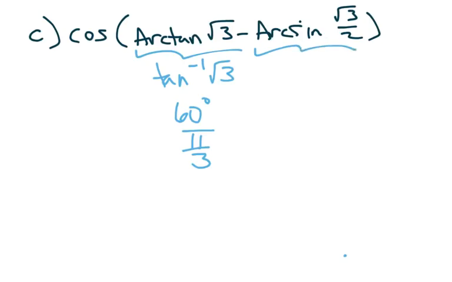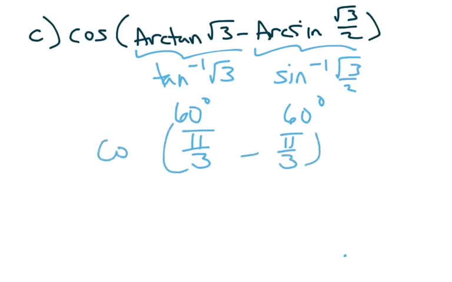And then the arc sine of square root of 3/2, which is this inverse sine of square root of 3/2, the calculator is also going to spit out 60 degrees, which is pi/3. So we want to do the cosine of pi/3 minus pi/3. Well, pi/3 minus pi/3 is 0. So really we're just doing the cosine of 0, which is 1.